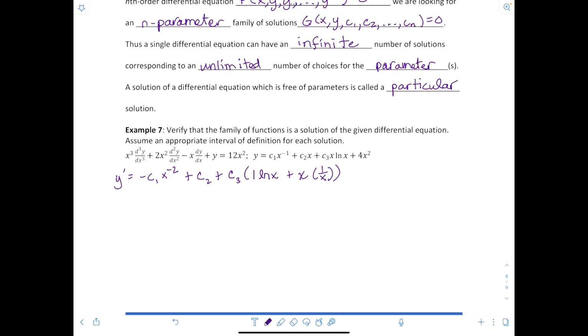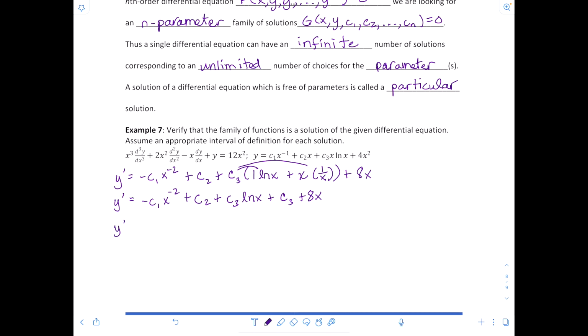I'll simplify that in the next step. And then the next one is 8x. So y prime will be negative c1 x to the negative 2 plus c2 plus c3 times natural log of x plus c3 times 1. Just distributing the c3 throughout and simplifying, and then plus 8x.